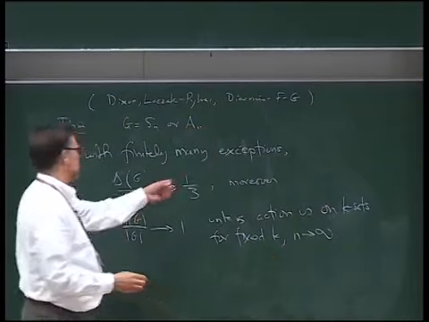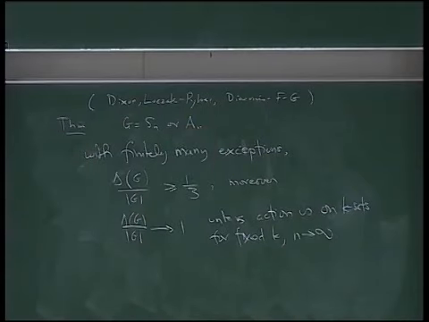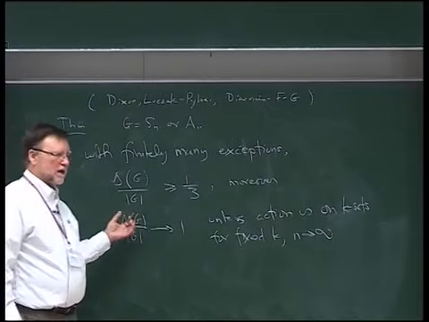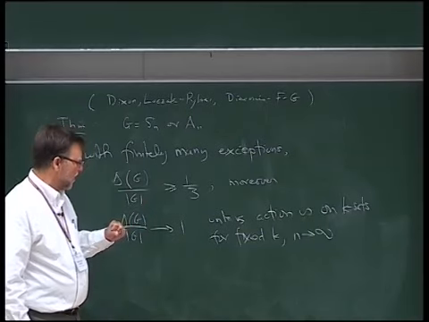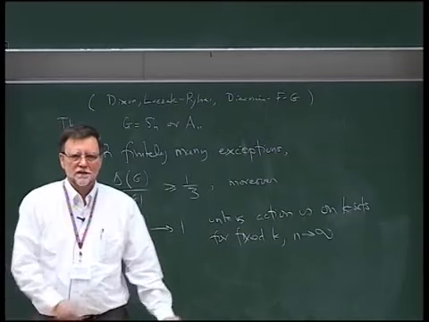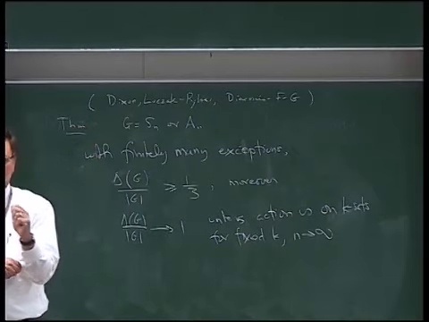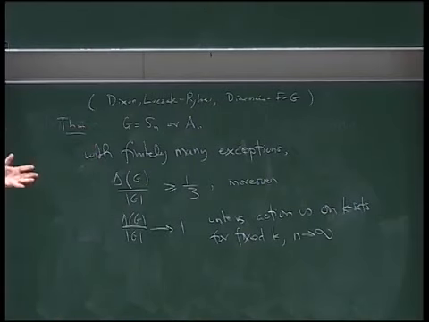So if you take some sequence where n is increasing, then eventually the proportion of derangements is as close to 1 as you want, unless you're acting on k-sets, and k is fixed. When k is 1, we saw that you go to 1 over e.